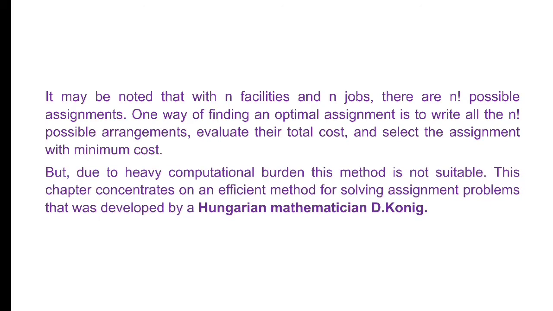But due to heavy computation, this method is not suitable. This chapter concentrates on an efficient method for solving assignment problems that was developed by the Hungarian mathematician D. Koenig. So we will call it the Hungarian method to solve the assignment problem.